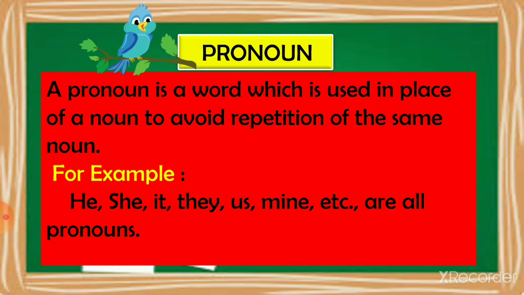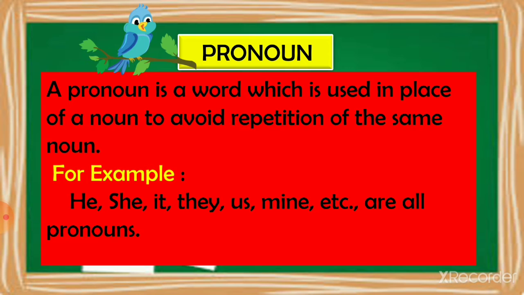So, we have already learned about pronouns. The examples of pronouns are he, she, it, they, us, mine, etc. Right? So, a pronoun is a word which is used in place of a noun to avoid repetition. So, this we have been learning, right?